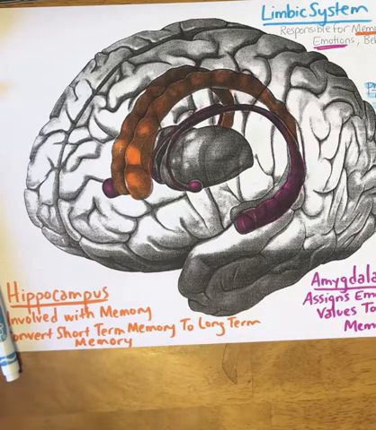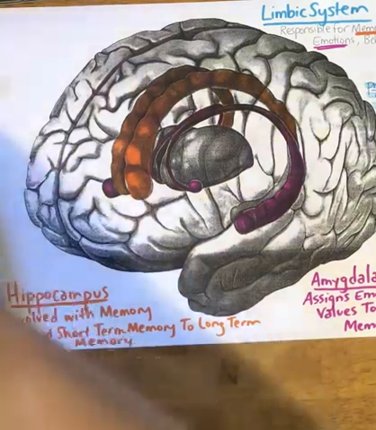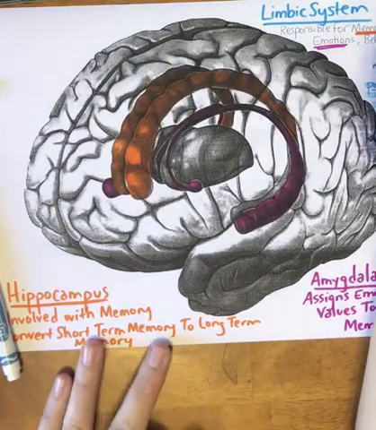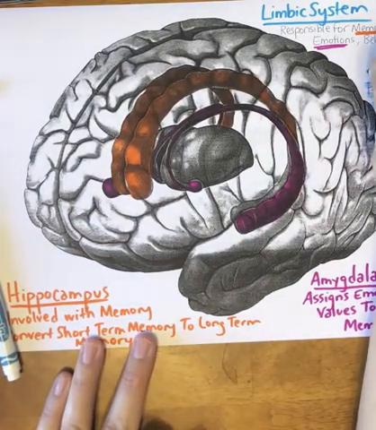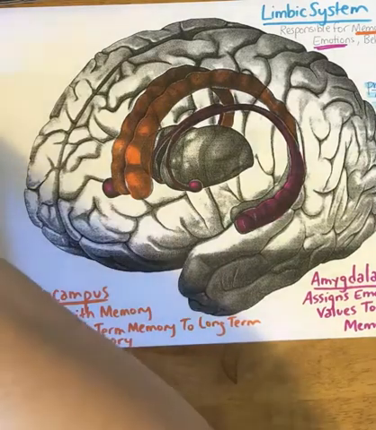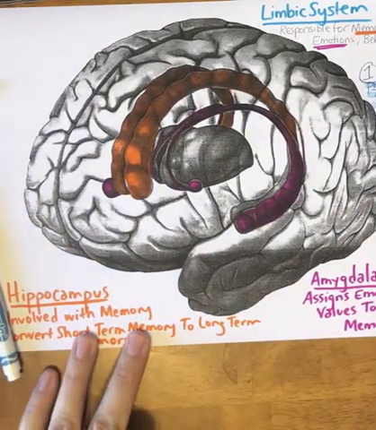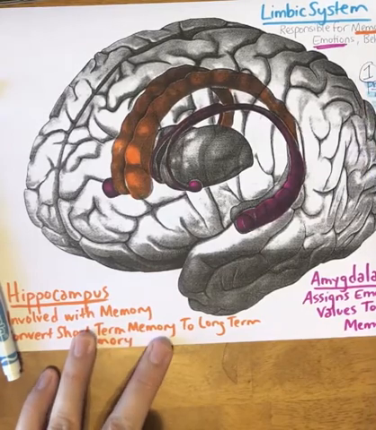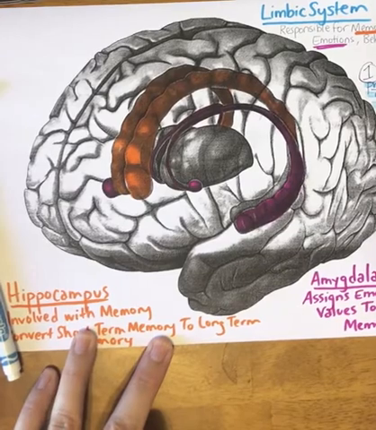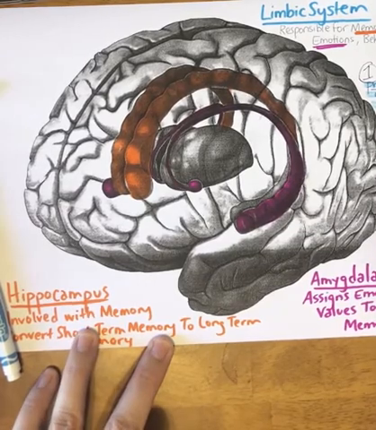So there's 3 things that we talk about with the limbic system. Your primary olfactory cortex is the first thing. Smell is associated with memory because it's in the limbic system, so it can help with memory. And it helps with emotions.